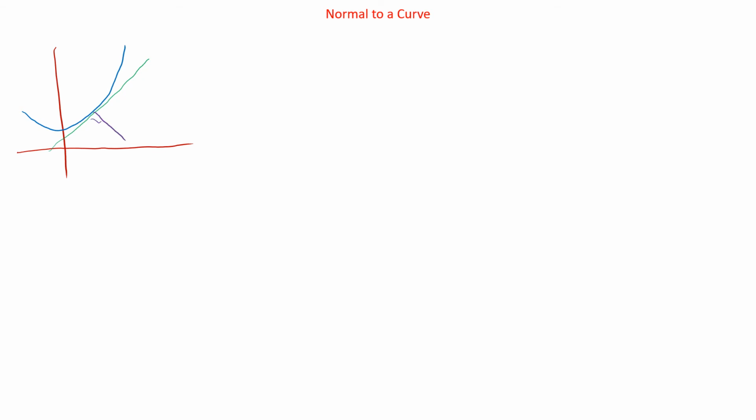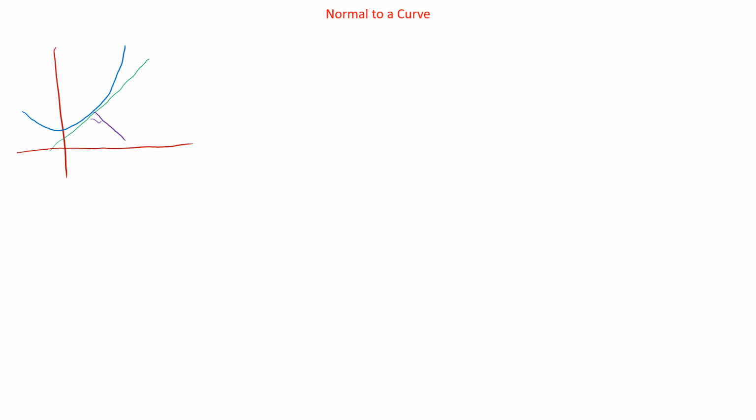So it's the one coming straight out. And these do have a lot of applications. You have applications in optics, you have applications with vectors. We will see some of those applications, but right now we're just looking at finding it.